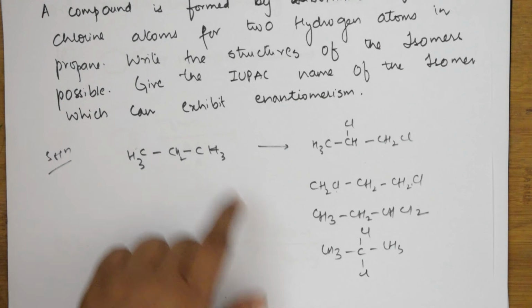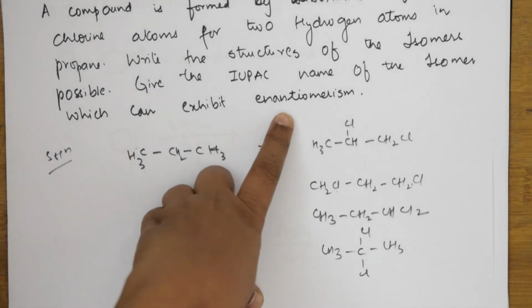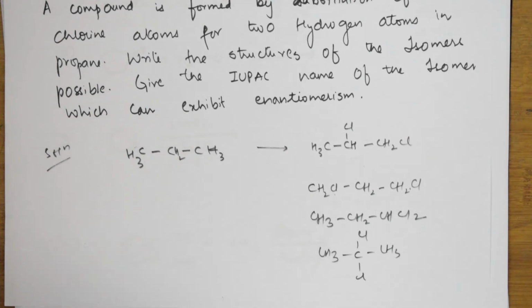Now they said give the IUPAC name of the isomer which can exhibit enantiomerism. Enantiomerism means it is nothing but the mirror images should be non-superimposable. Remember that. What is enantiomerism? Actually, remember you have to note one important thing.